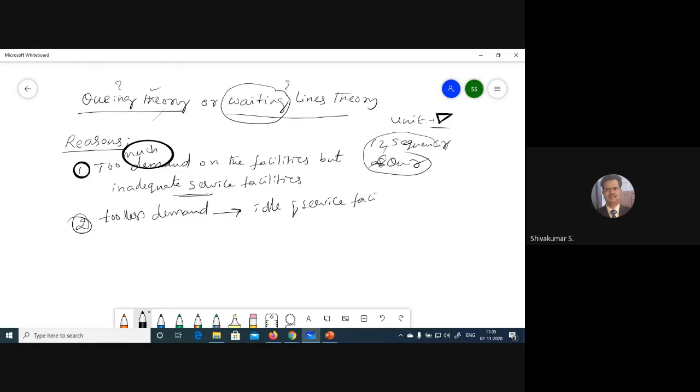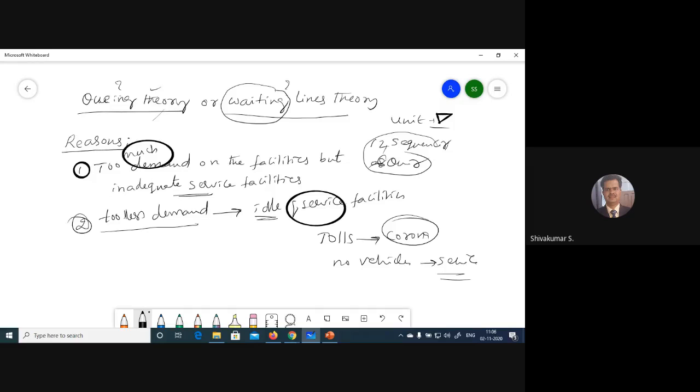For example, you might have seen in some toll gates, during the Corona time, that is COVID. That time, though there were no vehicles, certainly all the service became idle because nobody was there. So sometimes it also happens that there is no demand, but all the service becomes idle.